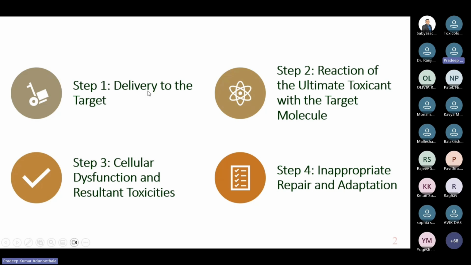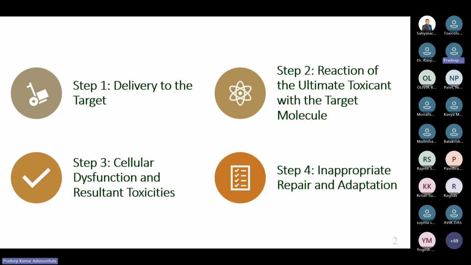The delivery of the chemical to the target has some steps in it, which are absorption, metabolism, distribution, and elimination, which help the molecule be delivered at the site where it produces the toxicity.